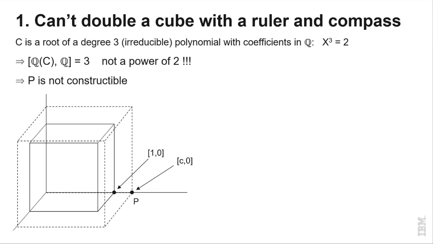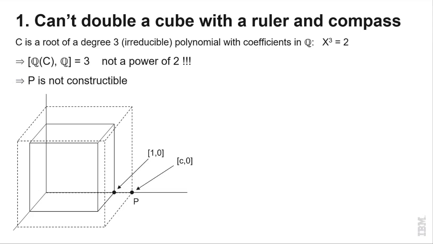So we said we have three impossible things. One of them was, given a cube, let's say of side 1, so this point here is on coordinate 1, 0. I'm missing the z coordinate, but let's forget about that. And I want to construct a cube which is of double volume.